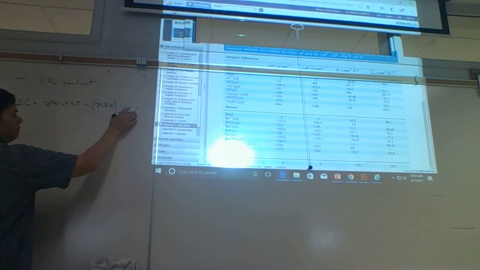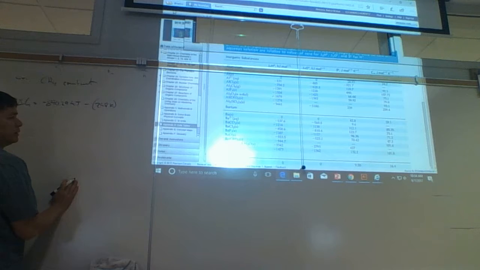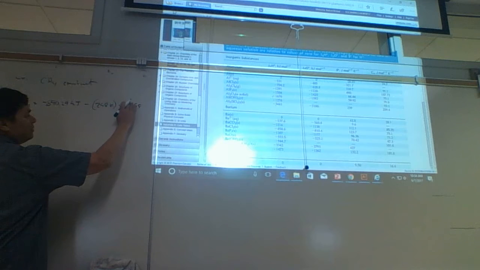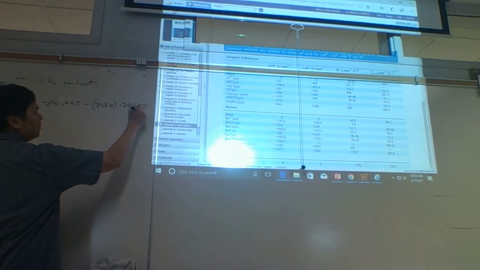And what was the entropy? Delta S. It's negative 242.98 joules per Kelvin.